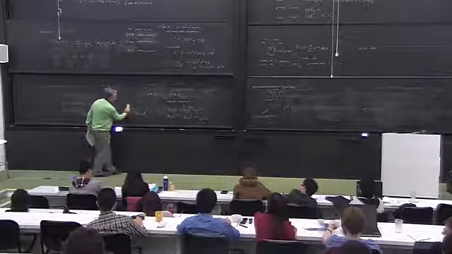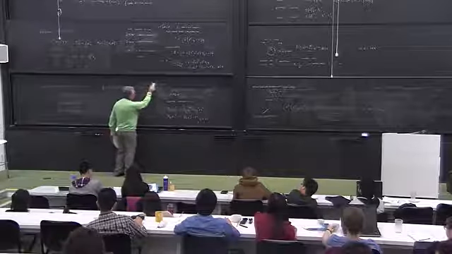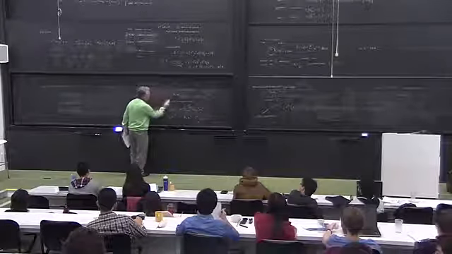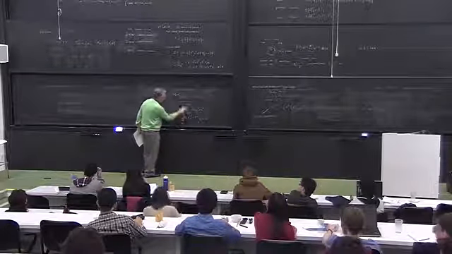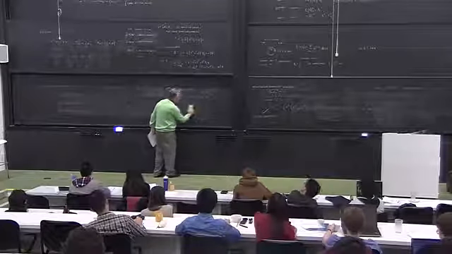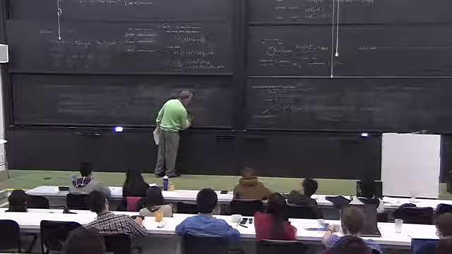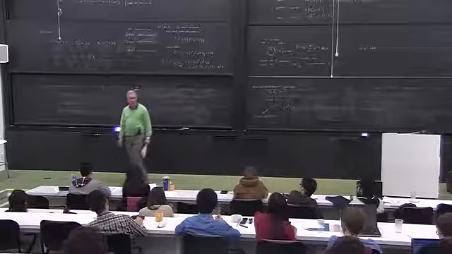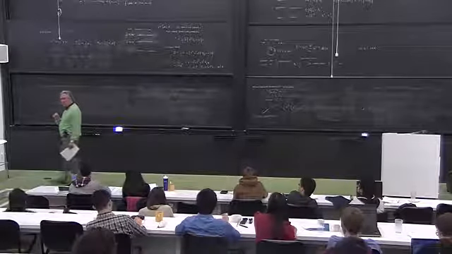Now, the Dirac field describes things like electrons and quarks, which are spin 1/2. But supersymmetry relates particles that differ by spin 1/2.